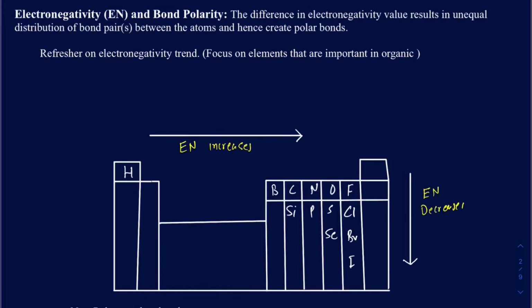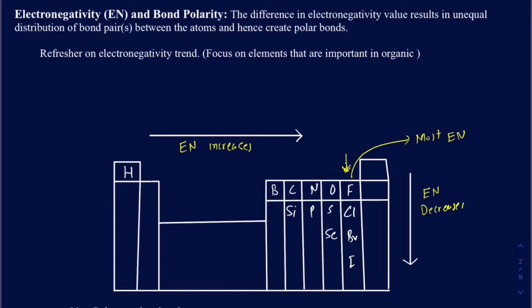All right, and when you go from left to right, it holds true up to the halogens. Your noble gases do not have any electronegativities. You stop at the halogens, and as a result, fluorine is indeed your most electronegative element.